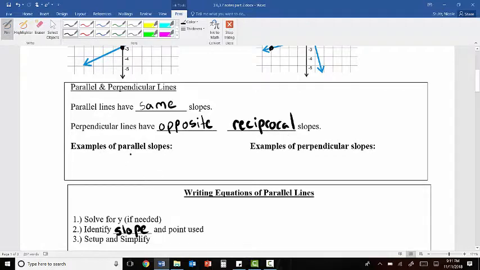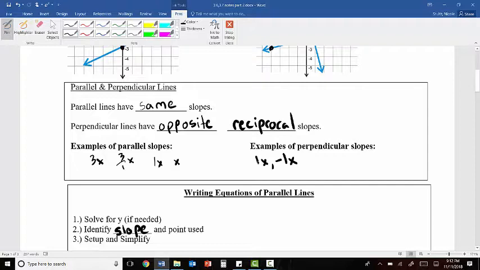So parallel slopes could be like 3 and 3/1, right? Same thing. I could have 1 and 1, same thing. Those mean parallel lines. Perpendicular slopes, however, could be like 1 and -1.